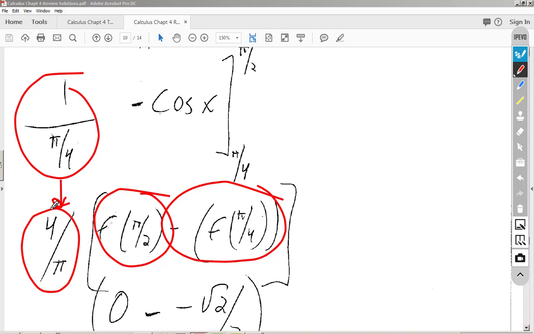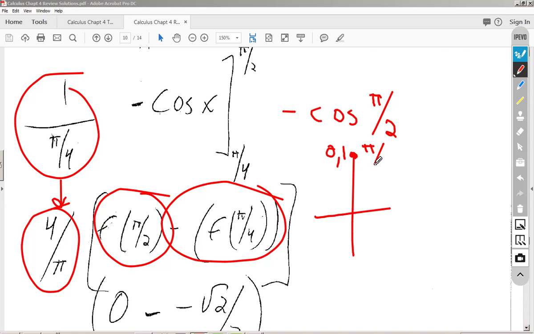So now substituting this in. When I substitute in f of pi over 2, that's going to be negative cosine of pi over 2. If you remember right, pi over 2 is up here on our quadrant chart, and you'll notice that point is at (0, 1). So here's my point, pi over 2 at (0, 1).